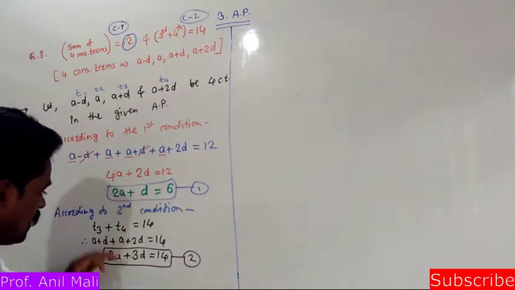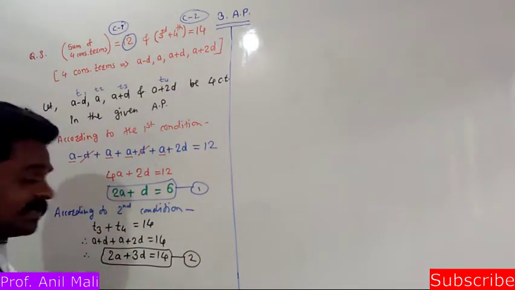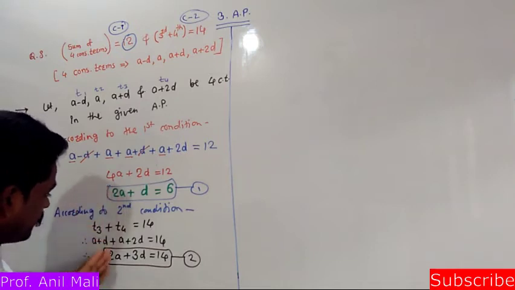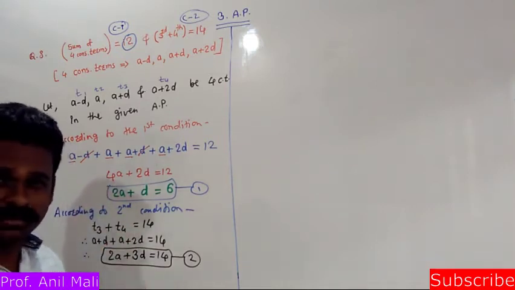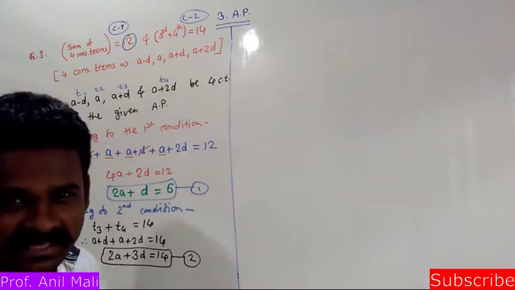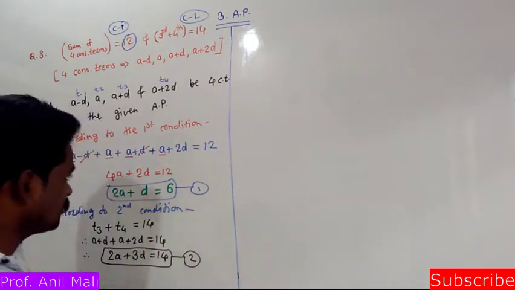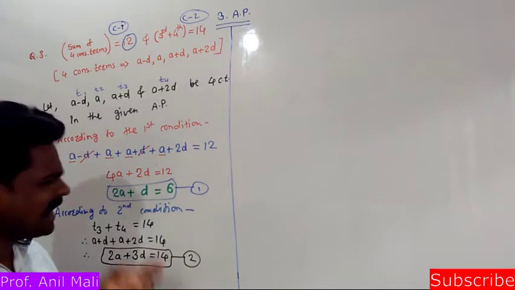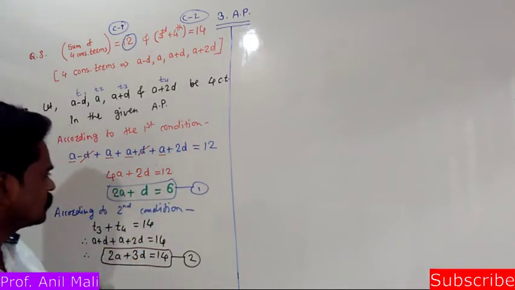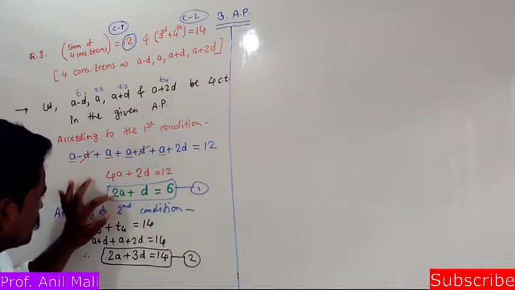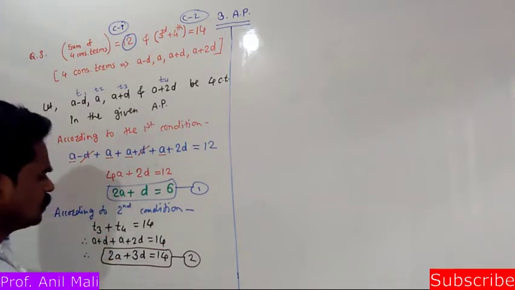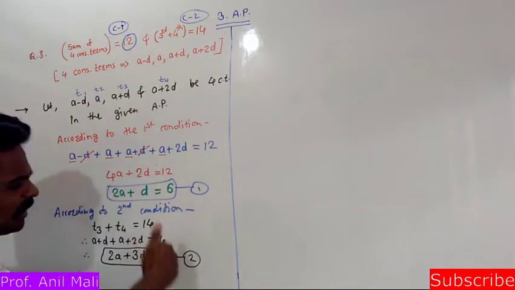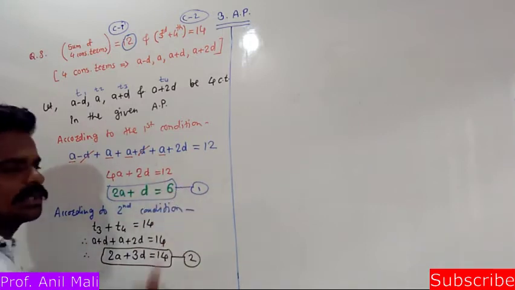Yes, A and A. Most of the time we use x, y, z as variables, but in these two cases A and D are acting as variables. A has 2 as the coefficient here, and here A also has 2 as the coefficient. So you can just subtract equation number 1 from equation 2 or equation 2 from equation 1.